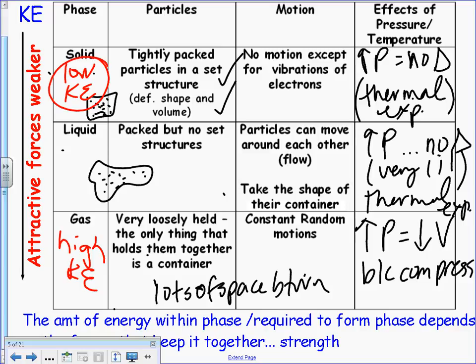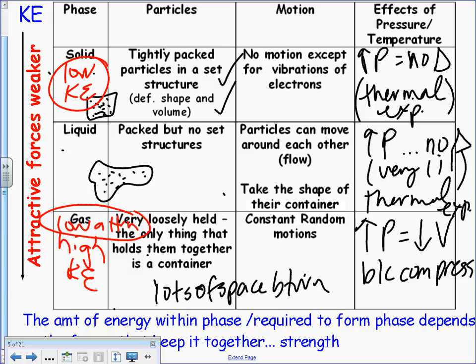You're like, hey neighbor, I'll stick here with you, I'm attracted to you. London dispersion, dipole-dipole, hydrogen bonding, ionic bonding, all kinds of things can cause that attraction. Gas molecules don't even know they have a neighbor. It's way over there, and you can't attract when somebody's so far away. So gases have a very low amount of attraction, simply because they're moving around very quickly and are less likely to attract a neighbor.